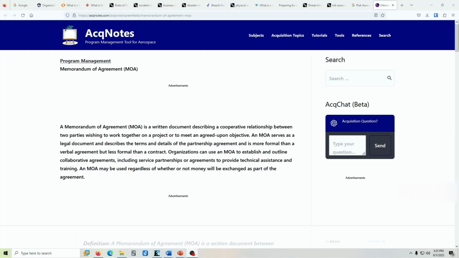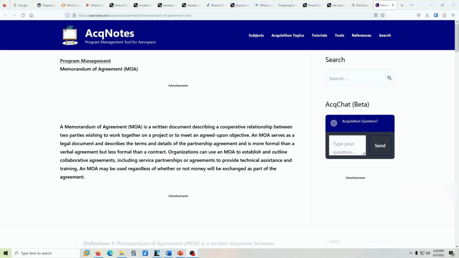Next on the list is the MOA, MOU, and NDA. So MOA, Memorandum of Agreement. A memorandum of agreement is a written document describing a cooperative relationship between two parties wishing to work together on a project or to meet an agreed upon objective.